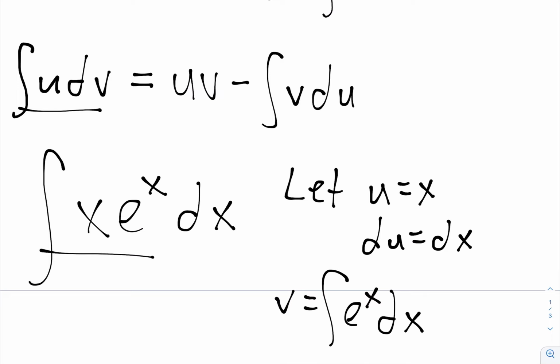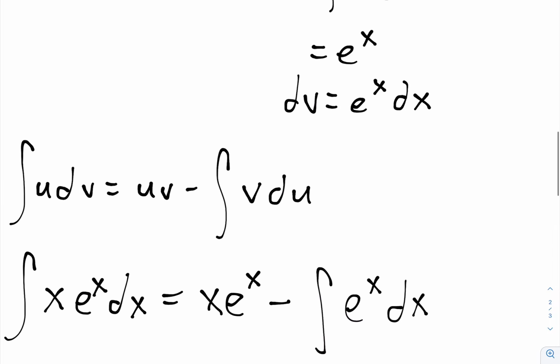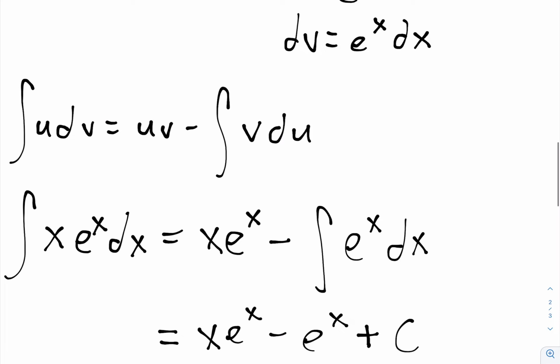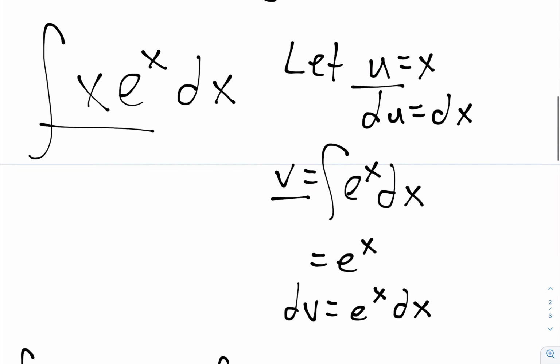So we break it up into this formula that we do know how to use. Okay, so instead of the integral of u dv, we're hoping that u times v minus the integral of v du is something that we can integrate. And oftentimes it is. It just depends on how you choose u and v.